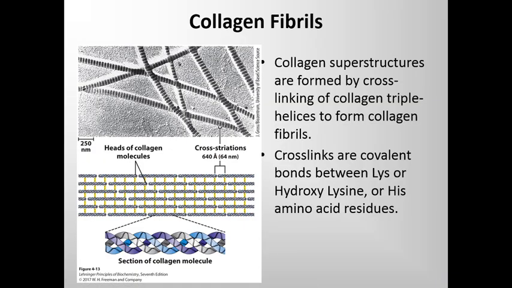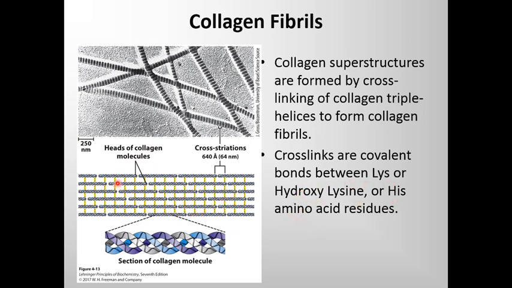Collagen fibrils are collagen superstructures that are formed by cross-linking of collagen triple helices. So each of these individual structures are collagen triple helices, and they are cross-linked to each other via covalent bonds, between lysine or hydroxylysine or histidine amino acid residues.